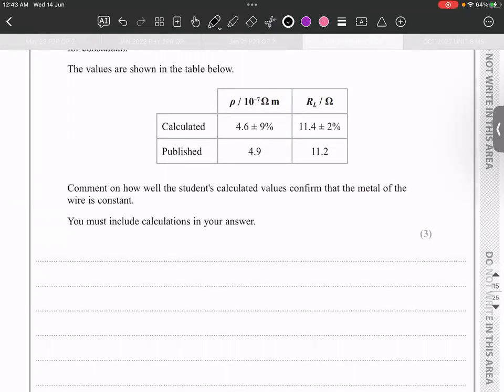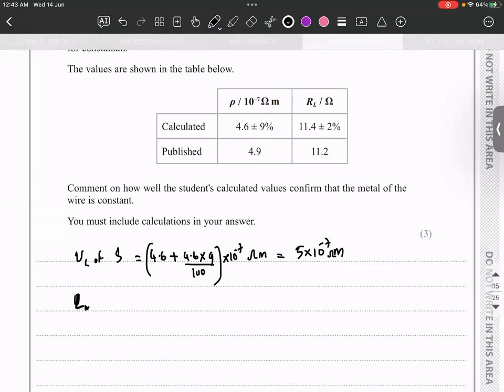So what we should do is find the upper limit of rho. So the upper limit of rho is 4.6 plus this 9%. That means 4.6 times 9 by 100, times 10 to the power of minus 7 ohm meter. That means 5 times 10 to the power of minus 7 ohm meter is the upper limit.